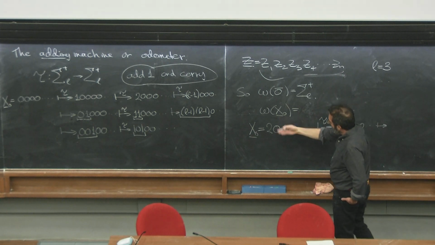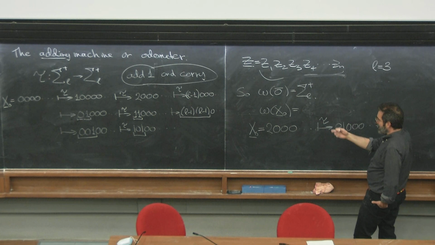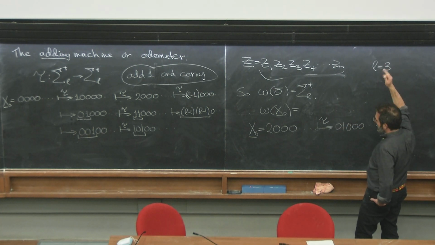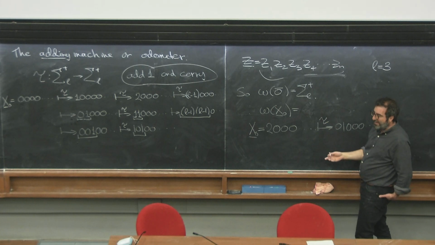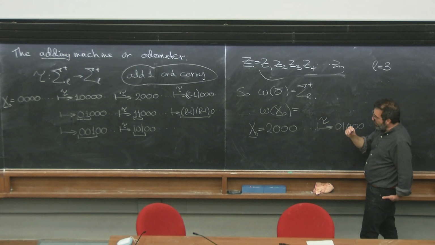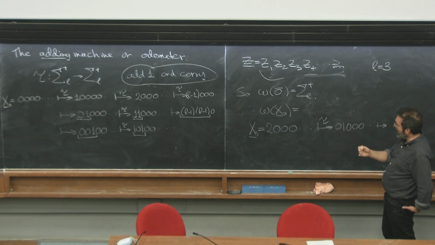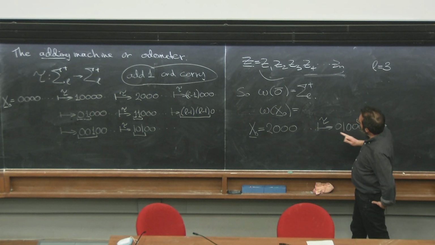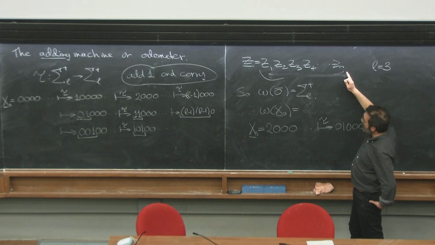Because you keep adding and carrying, it's like going to 99 and then to 999. If I take L equals 10, and then 9,999, at some point from 99 you go to 100, from 999 you go to 1,000, and at some point you will go to a number that just has all zeros up to time n, okay?